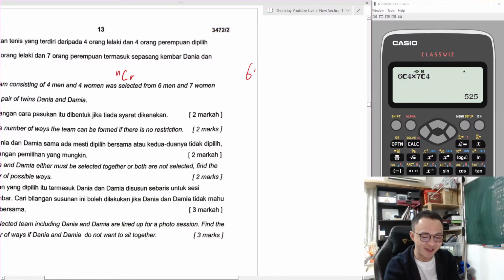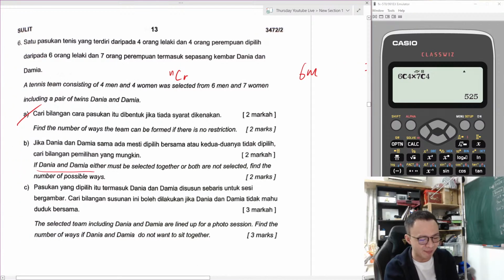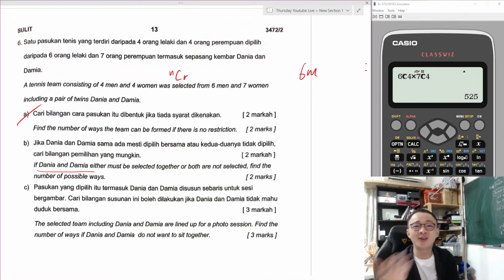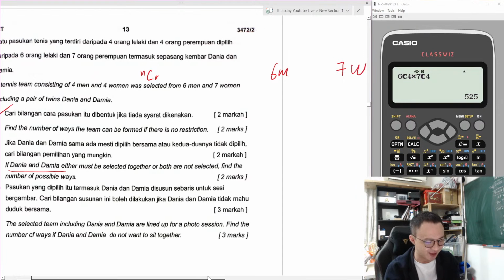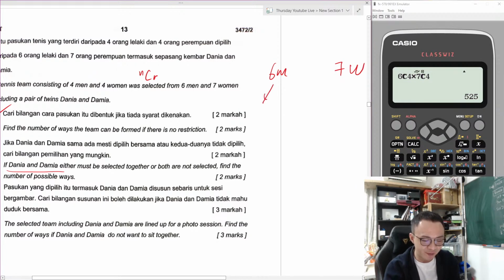Right now I have 6 men and 7 women. I'm actually not so good with these English names, but I'm going to assume Dania is female and Damia is male, so 1 female and 1 male, I assume. If I'm wrong, let me know, because I'm not so sensitive about the gender of the name. So I will just take out Dania, and I will take out Damia.